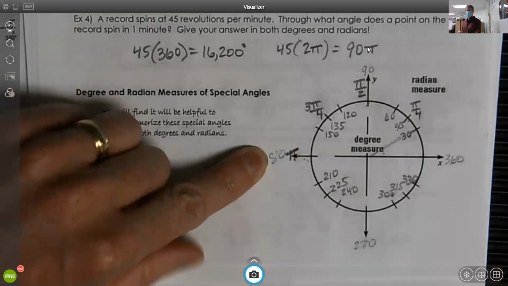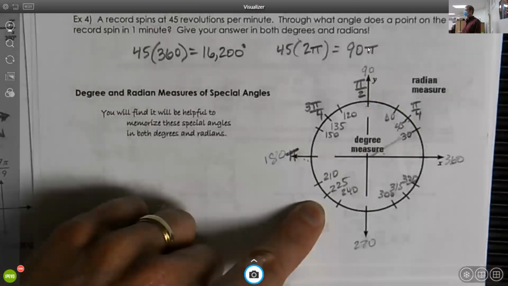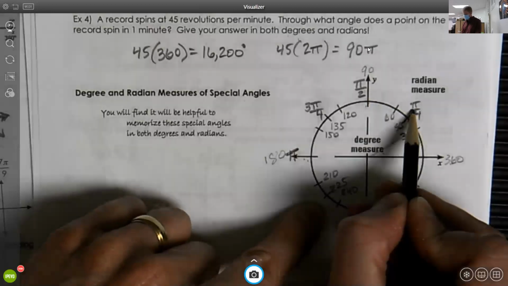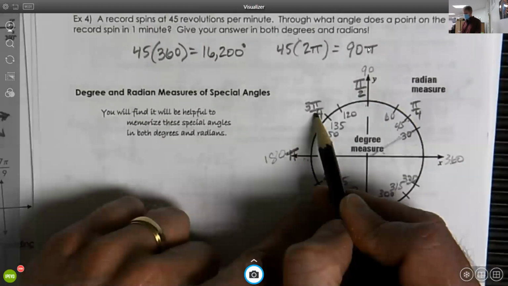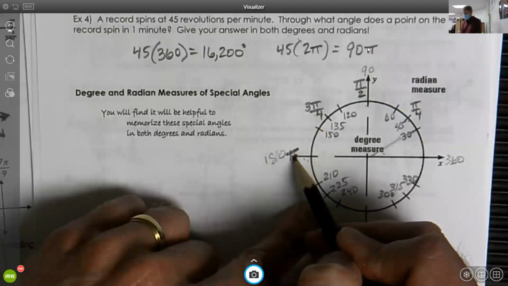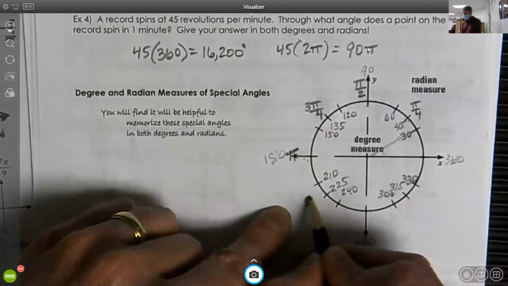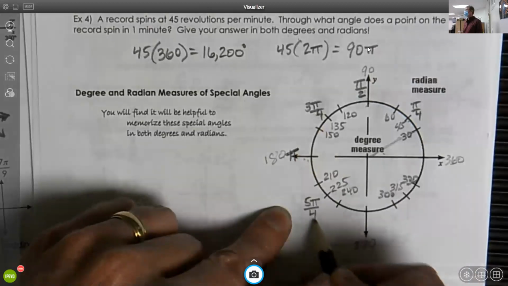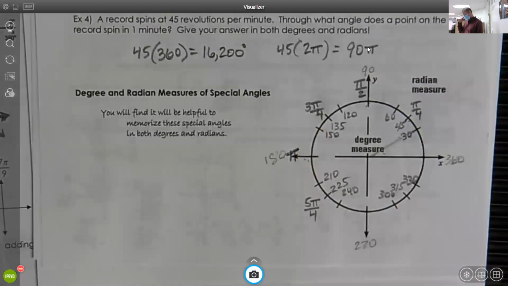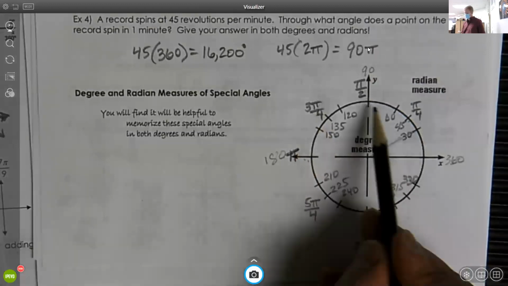So what do you think this one would be? If that's 1 pi over 4, 2 pi over 4, 3 pi over 4, 4 pi over 4, this would be 5 pi over 4. Oh, we haven't talked about this one down here yet. Would 1/4 get there?